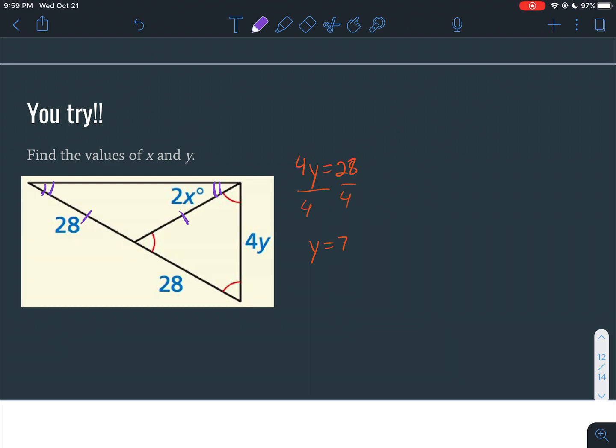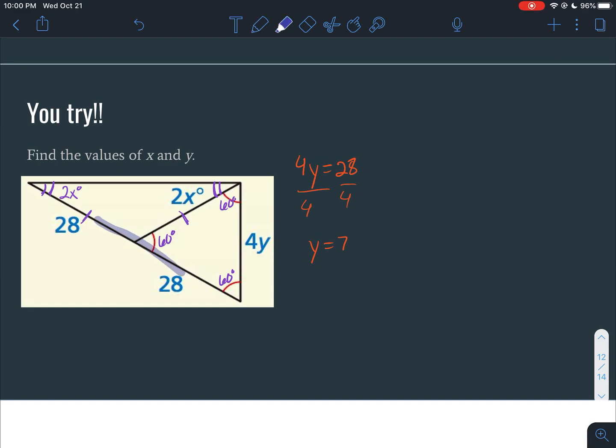So if this right one is 2x degrees, this left one is 2x degrees. Now it is up against an equilateral triangle or equiangular triangle. And remember, in an equiangular triangle, all the angles are 60 degrees.